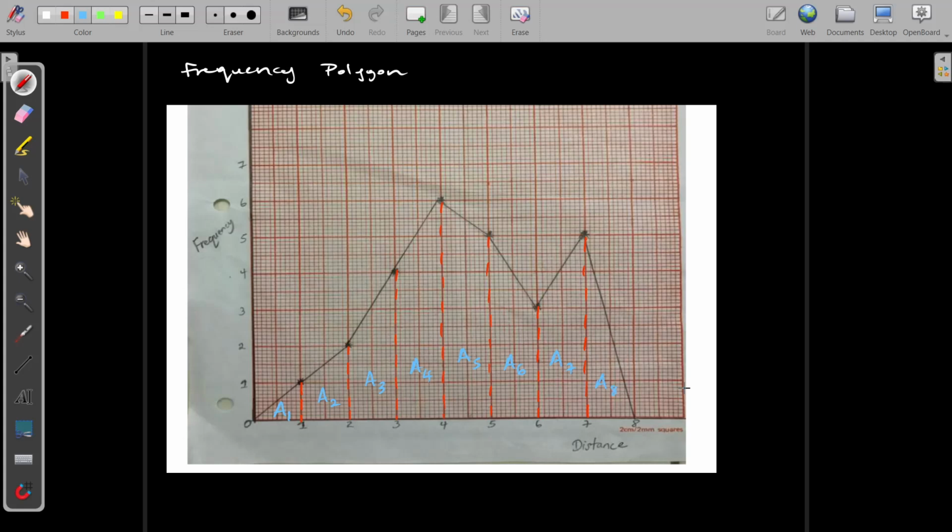So now, as I've mentioned, the first shape is a triangle, the last shape is also a triangle, and all the shapes in between are trapeziums. We'll need to recall the formula for the area of a triangle and the formula for the area of a trapezium.